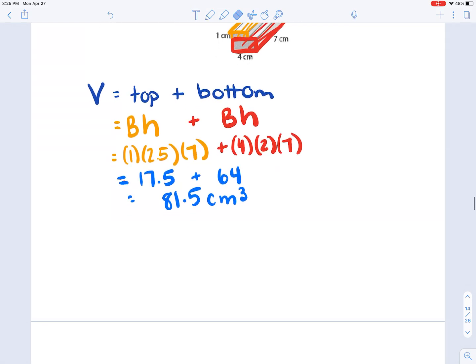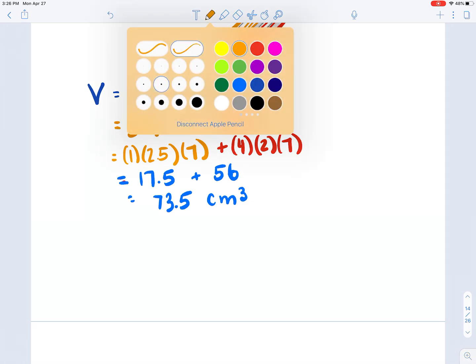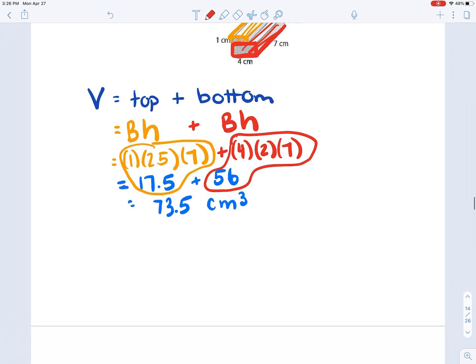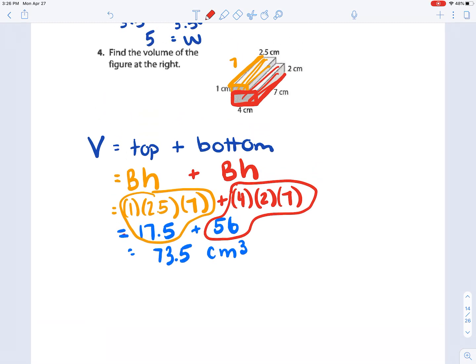Oops, there's my mistake. This is not 64. Let's fix that. 56, there we go. Plus 17.5 is 73.5. My mistake. Okay, so I had the orange stair and I added it to the red stair to give me a total volume, the amount of space inside those two stairs put together.